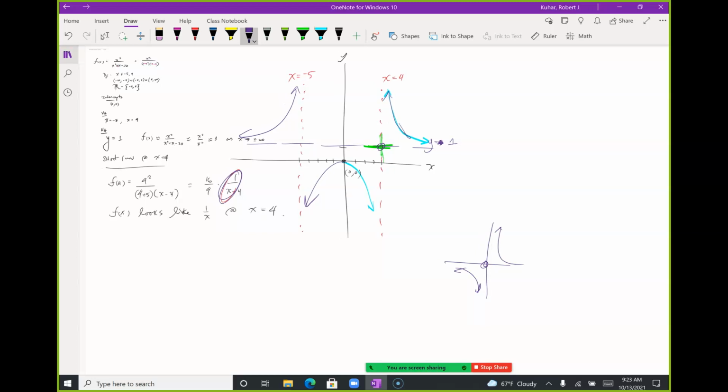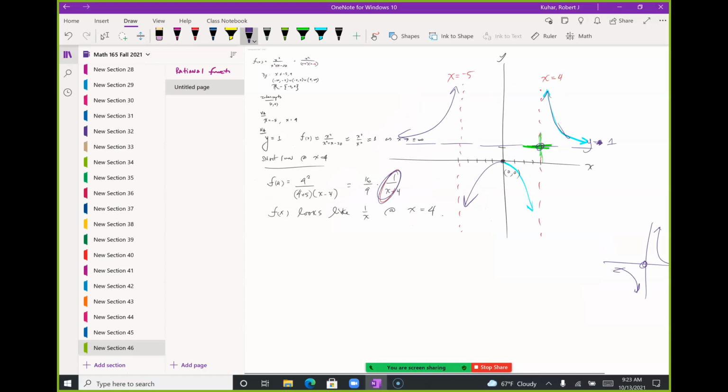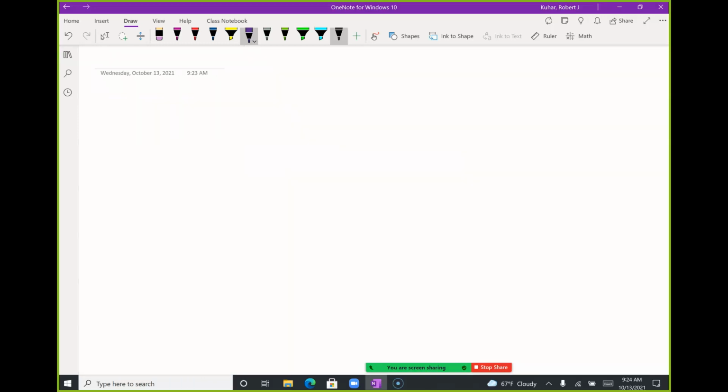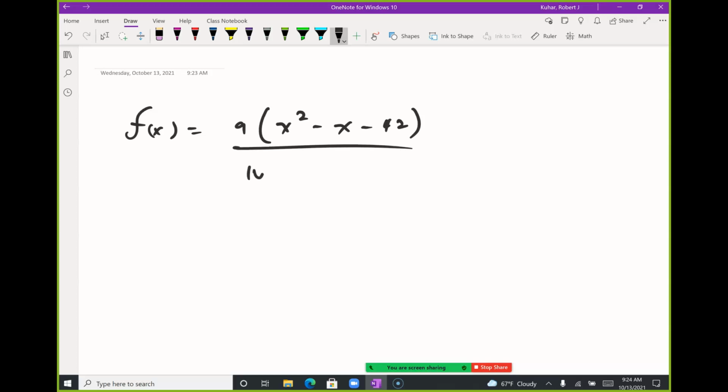All right, one more here on rationals from Sean. This one's just the domain. So f of x is 9 times x squared minus x minus 42 all over 10 times x squared minus 49.